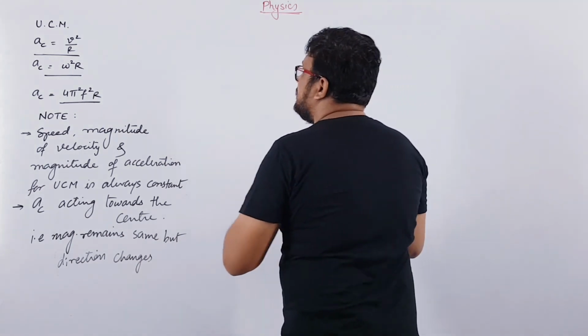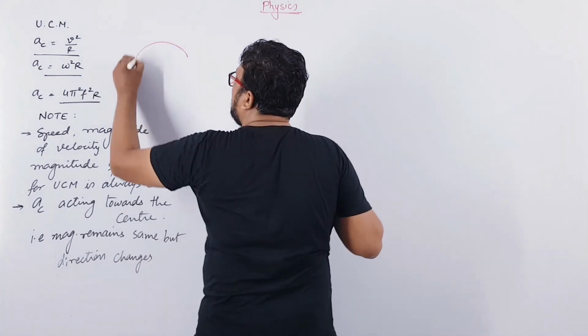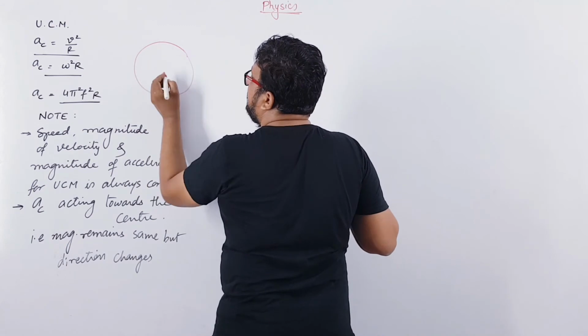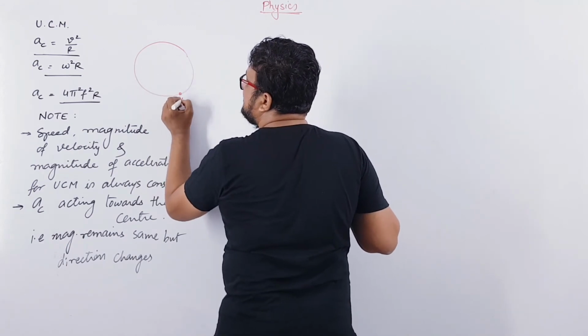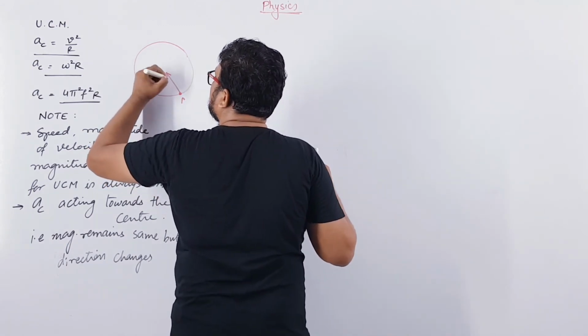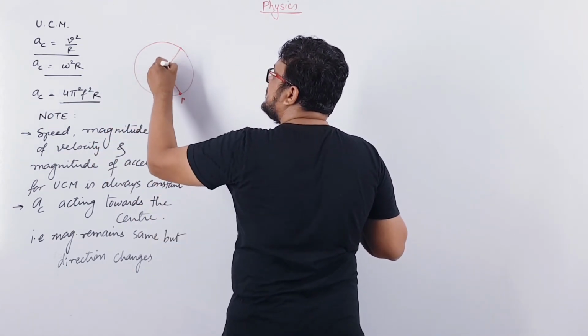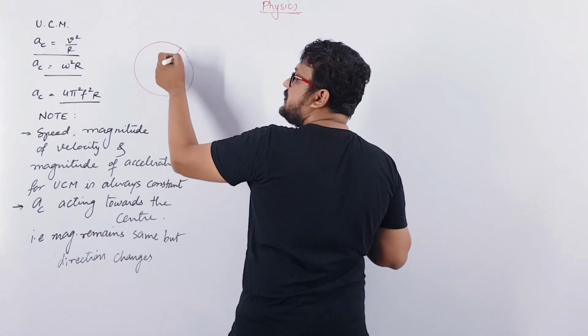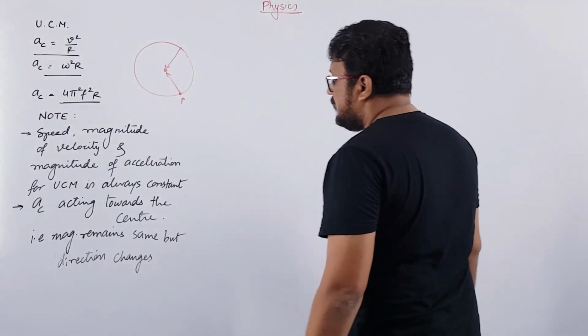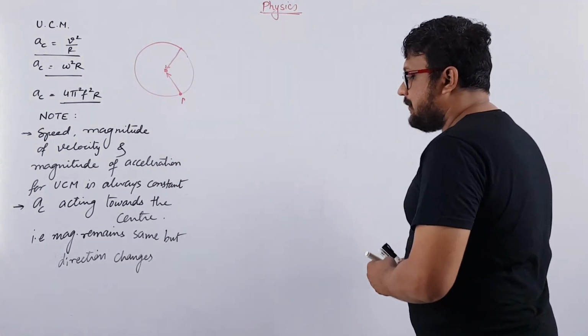How does direction change? Suppose this is the circular path and the particle is at point P, then centripetal acceleration will be in this direction towards the center. If the particle is at point Q, then acceleration will be in this direction. So obviously these two directions are not the same. So magnitude will remain same, but direction changes.